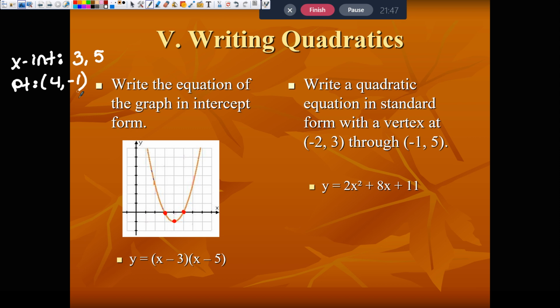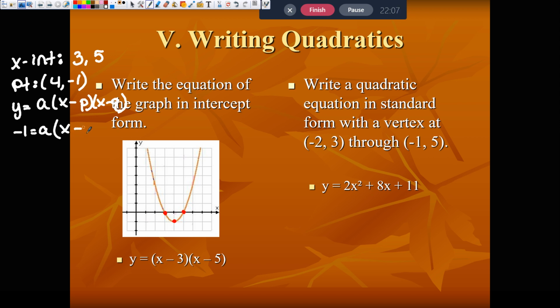Then I'm going to take my equation, y equals a, parentheses, x minus p, and x minus q, and I'm going to substitute the information that I know. So y is negative 1. I don't know what a is. I'm looking for a.